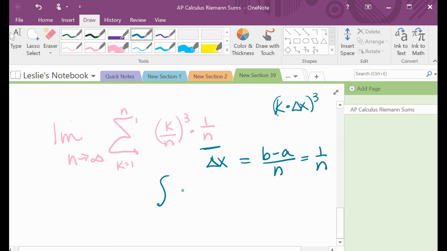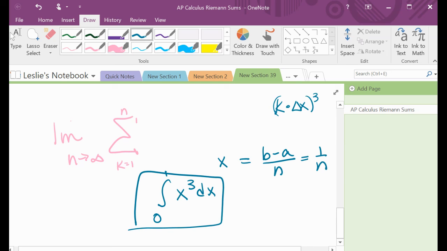And so the function we can see here is x cubed. And because there is not any plus a value in here, we're actually seeing that the a value is going to be 0. So the integral is from 0 to 1 of x cubed dx.